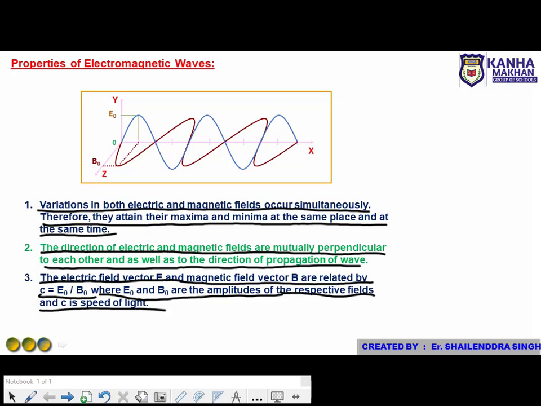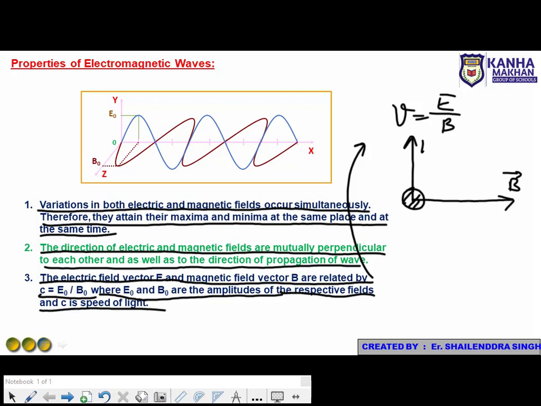That concept can also be understood with the help of the velocity selector. You know very well, the velocity selector was given as E by B. If a charged particle was moving in an electric field as well as a magnetic field, as in the last chapter, then a magnetic force was directed here, with the velocity of the charged particle at angle theta. Suppose an electric field is also applied along the minus y axis, then an electric force also acts on the positive charged particle, and that force is known as the electrostatic force.